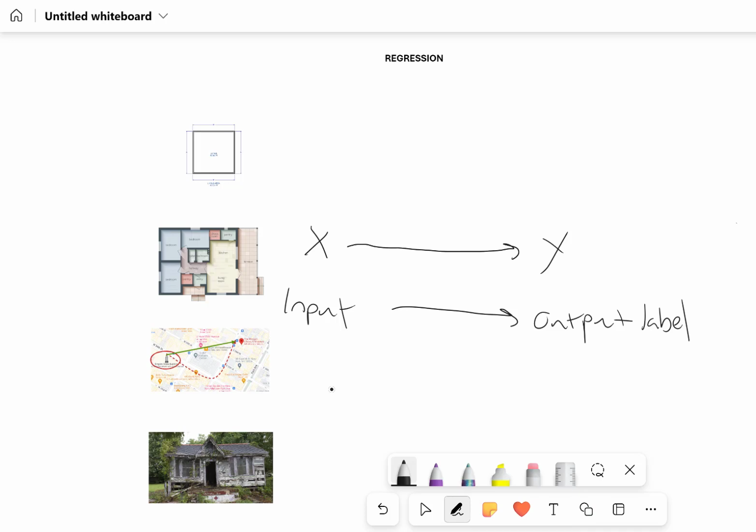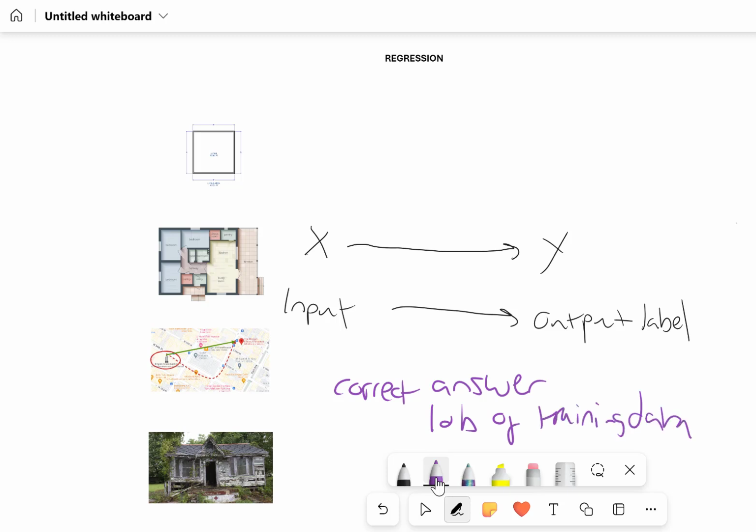So basically there is a mapping between the input we put in and the output label where supervised learning works by us giving the correct answer to the system using lots of data, so lots of training data. So we train it up with the correct answer over and over and over again with different variations, and it'll learn through. So it needs the correct label Y for the input X given.